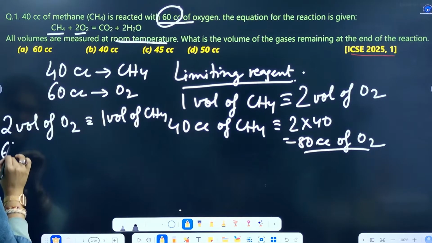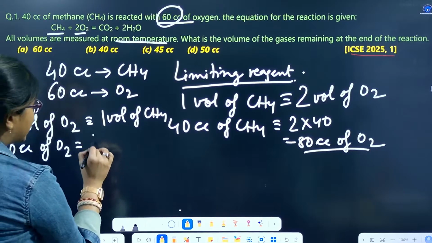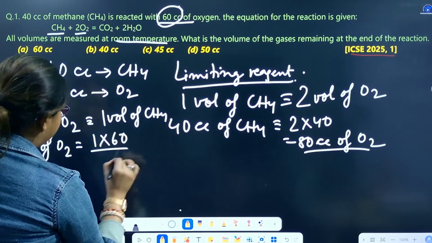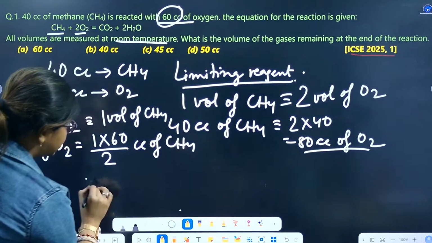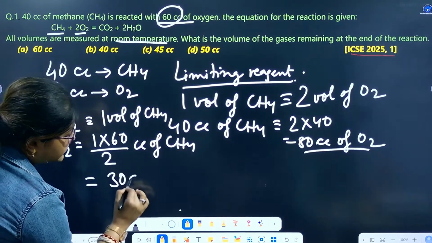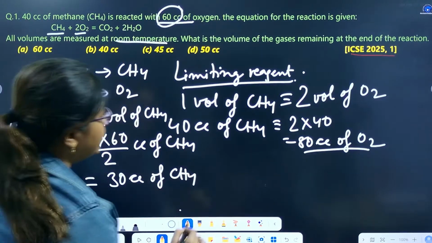So 60 cc of oxygen will burn how much? 1 into 60 by 2 cc of methane. That means you are getting what? 30 cc of methane.